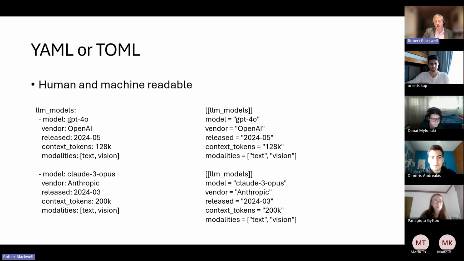If you were to bring up a notepad and just start typing some data in, this is the kind of format you might use if you were storing a list of LLM models. Just by using this syntax, you instantly make this machine readable, and this can be read into a table in a Python program or something. Some people prefer YAML, that's the one on the left, and some people prefer TOML, which is the one on the right. You can see there's quite a lot of similarity, with slight differences, but both are useful formats to think about using.